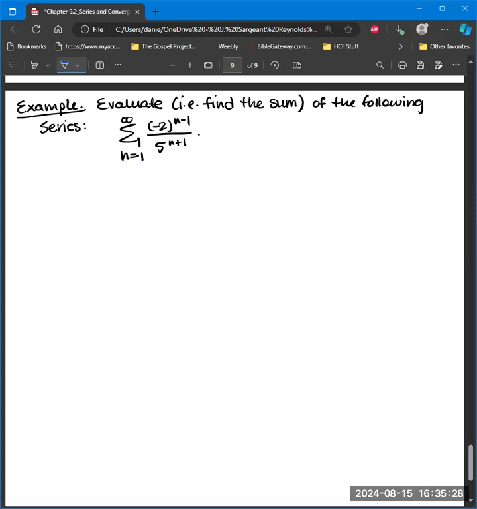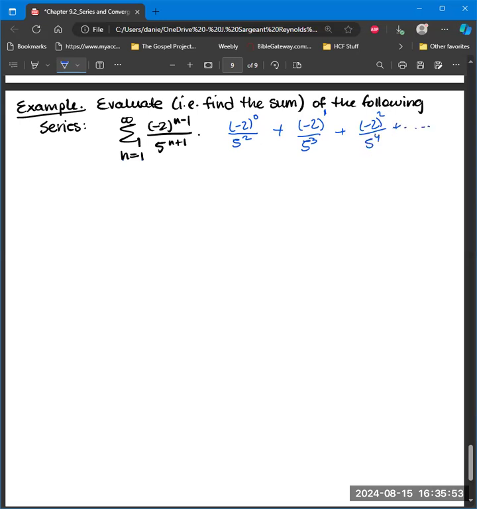So this is -2 to the 0 over 5 to the second plus -2 to the first over 5 to the third plus -2 to the second over 5 to the fourth plus dot dot dot.